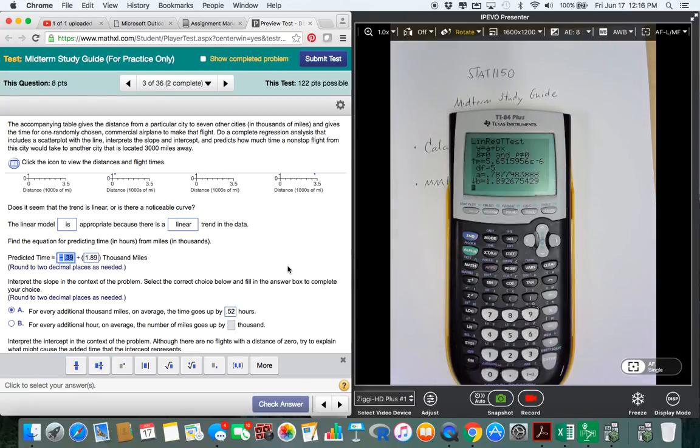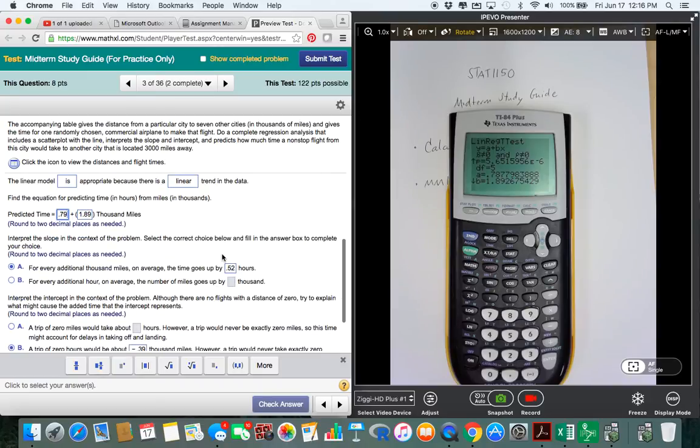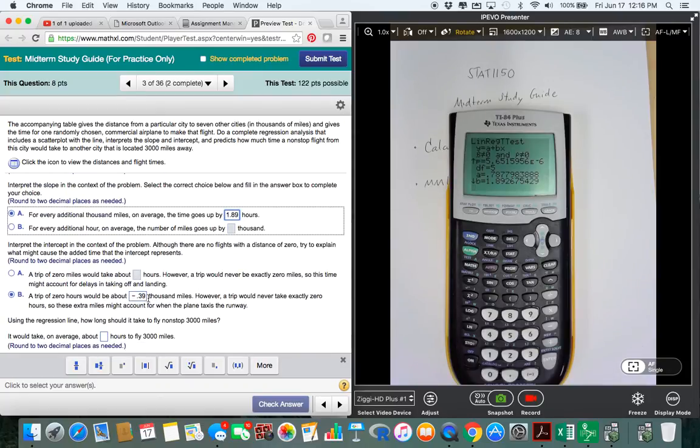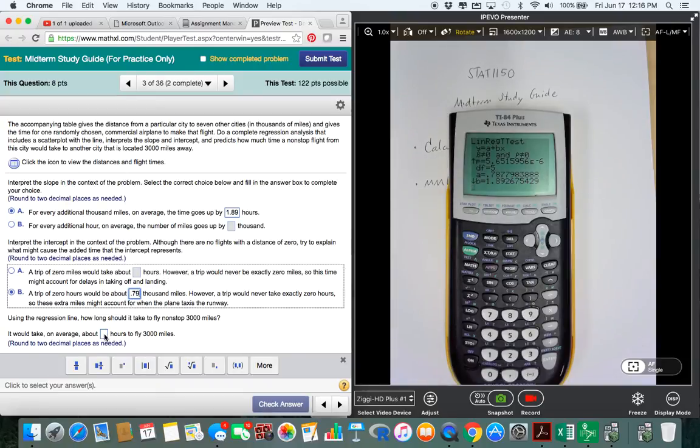The intercept should be 0.79. So for every 1,000 miles, this should go up 1.89. And then this will be 0.79. All right, cool.